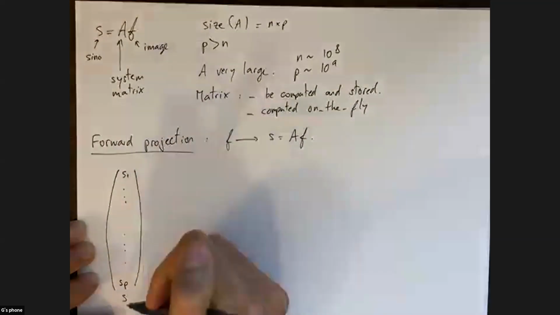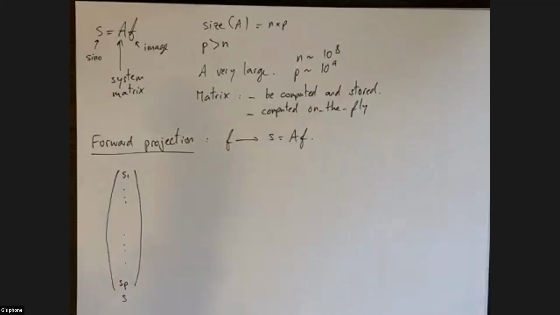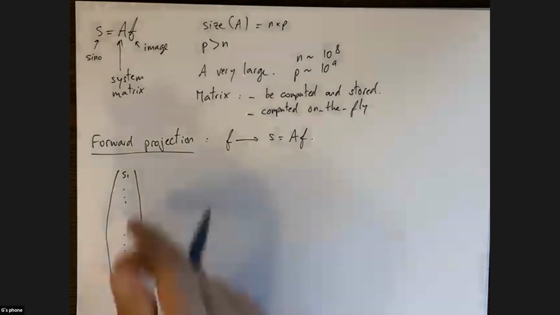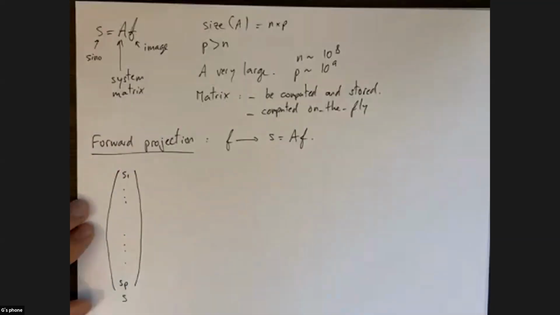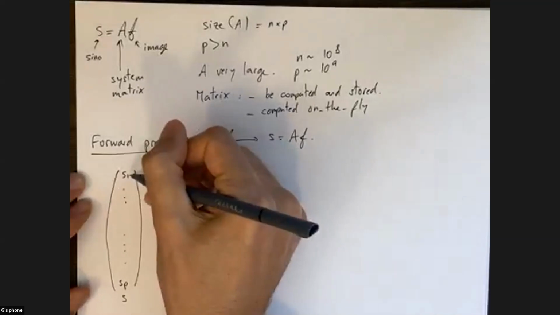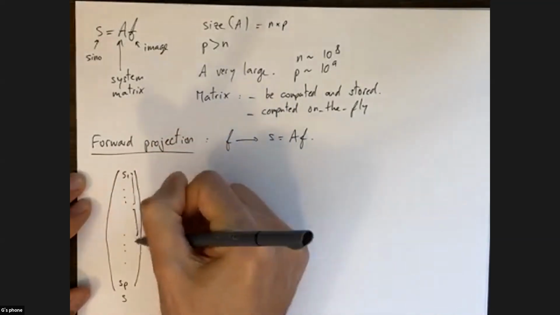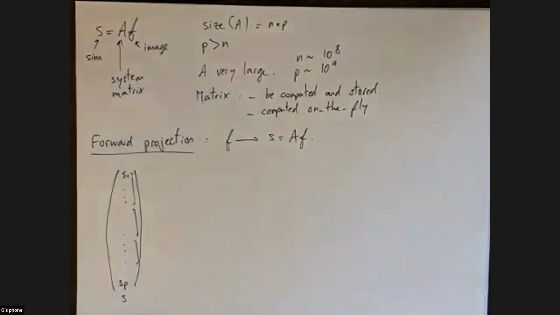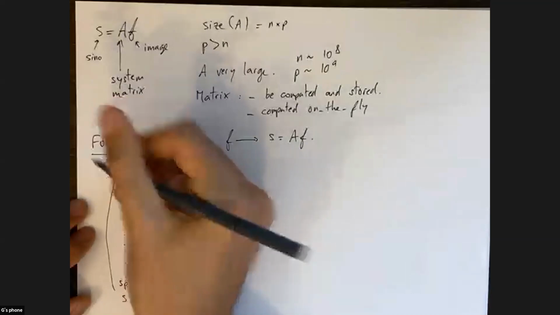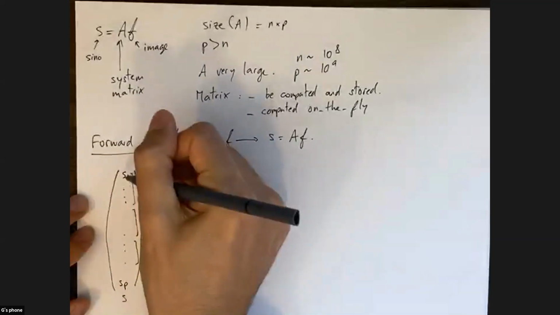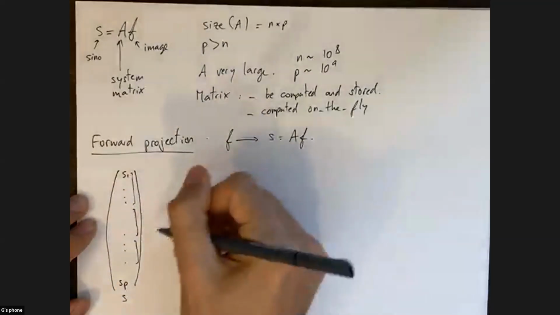So these are all the sinogram elements. Remember, I showed you a sinogram is a two-dimensional structure, but you can take all the elements and put them in a single column like this. So this would be the first x element, maybe the first angle, and then the next angle and the next angle. You line everything up into a single column, and each sinogram element has a number from 1 to P.